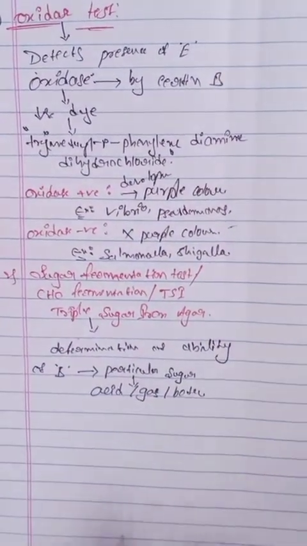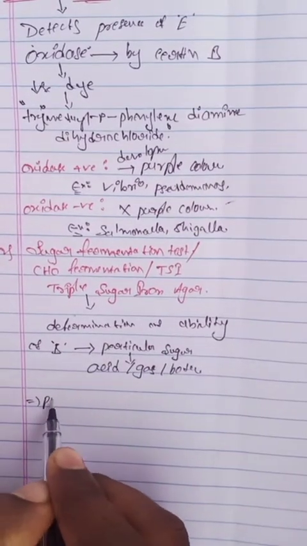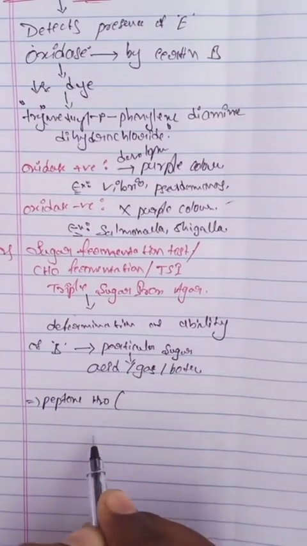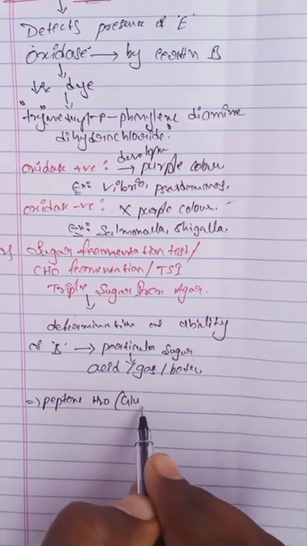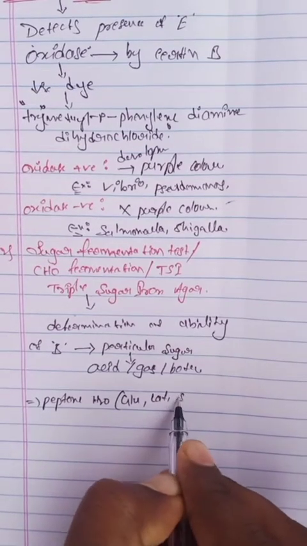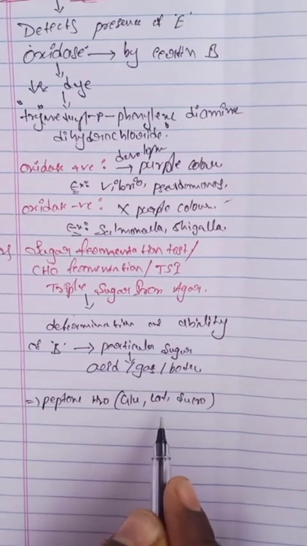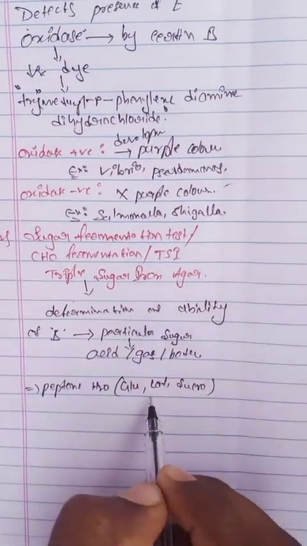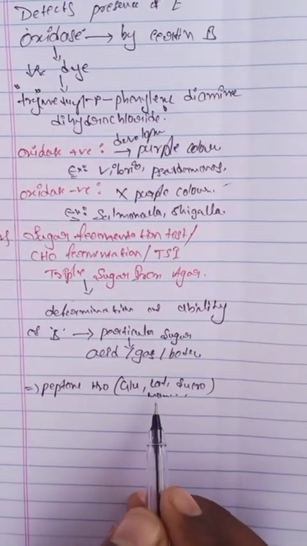First of all, we take peptone water. The peptone water contains various sugars like glucose, lactose, sucrose, mannitol and so on. These are the sugar molecules.